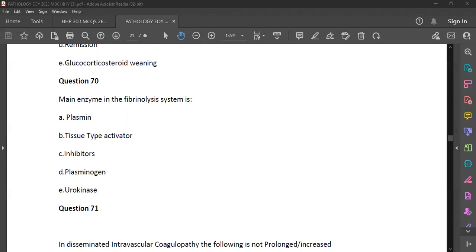For the plasminogen activators, we have two types. We have the tissue type, which, as the name suggests, is found in tissue and also blood. And then we also have the urokinase. The tissue type plasminogen activator, given as tPA here, and the urokinase plasminogen activator.